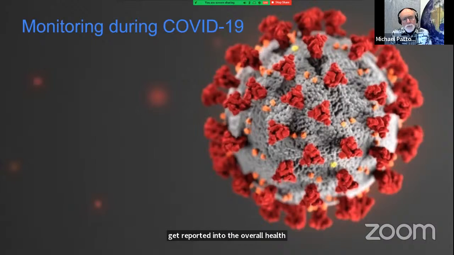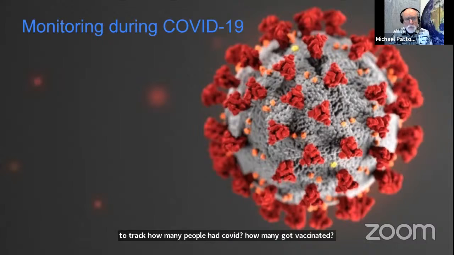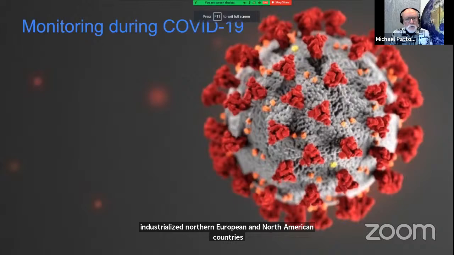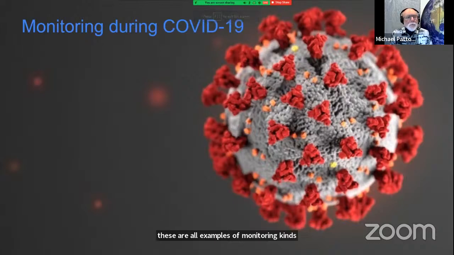But trying to track how many people had COVID, how many got vaccinated, how many have symptoms of what's now being called long COVID, the inequities between the vaccinations being available in developing countries versus in the industrialized Northern European and North American countries. These are all examples of monitoring kinds of statistics and data.